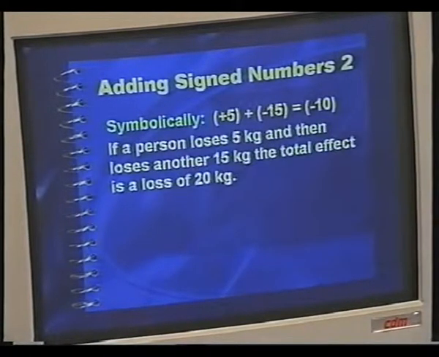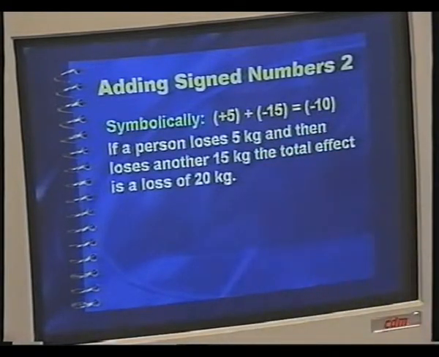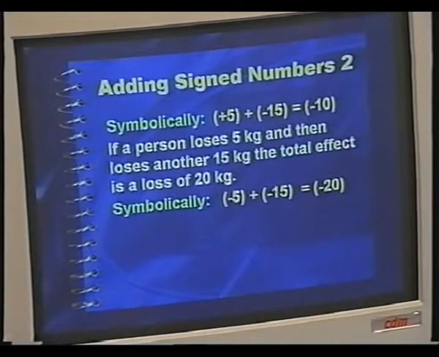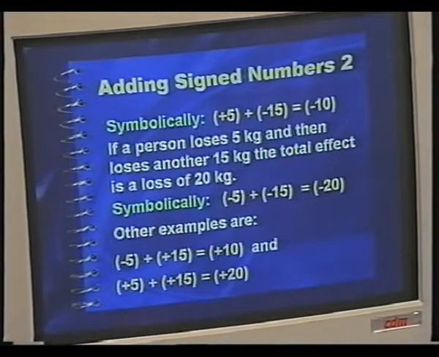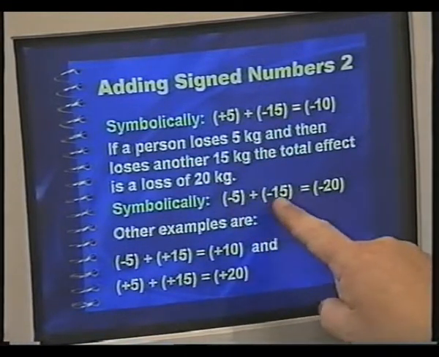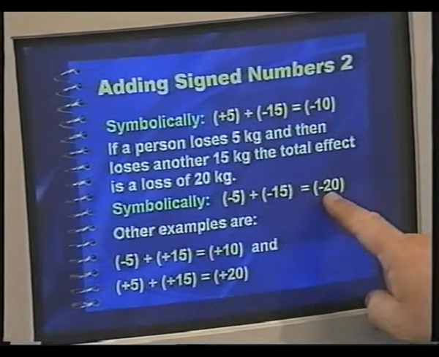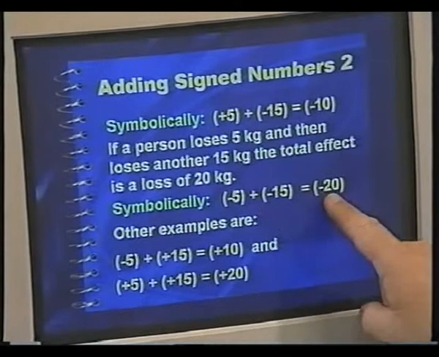Another situation may be that a person loses 5 kilograms and then loses another 15. The total effect is a loss of 20. Symbolically, it's negative 5 plus negative 15 equals negative 20. There are some other cases, of course, listed here. You notice that every time the sign is the same, the result has that same sign: the plus with the plus gives the plus, the negative with the negative gives the negative.